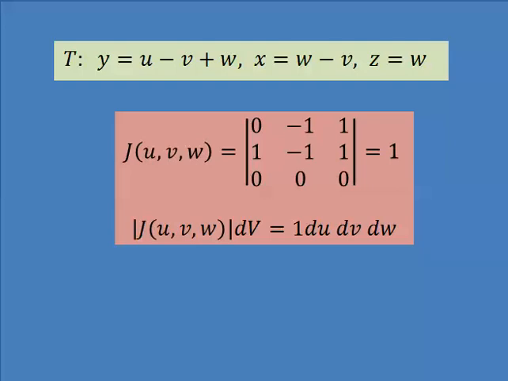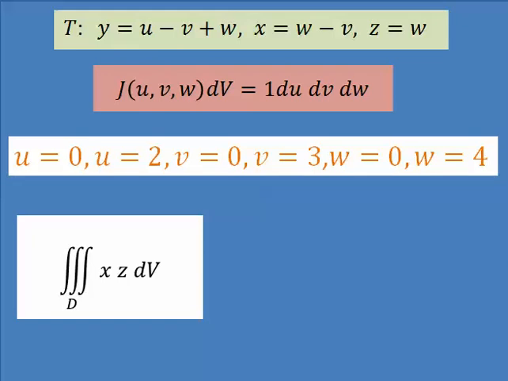And then we find the absolute value of the Jacobian and our new dV. And our new variables are u, v, w, so our new dV is du dv dw. All right, so we've got our transformation, we have our Jacobian times our dV, we have our boundaries. It's time to write our new integral.